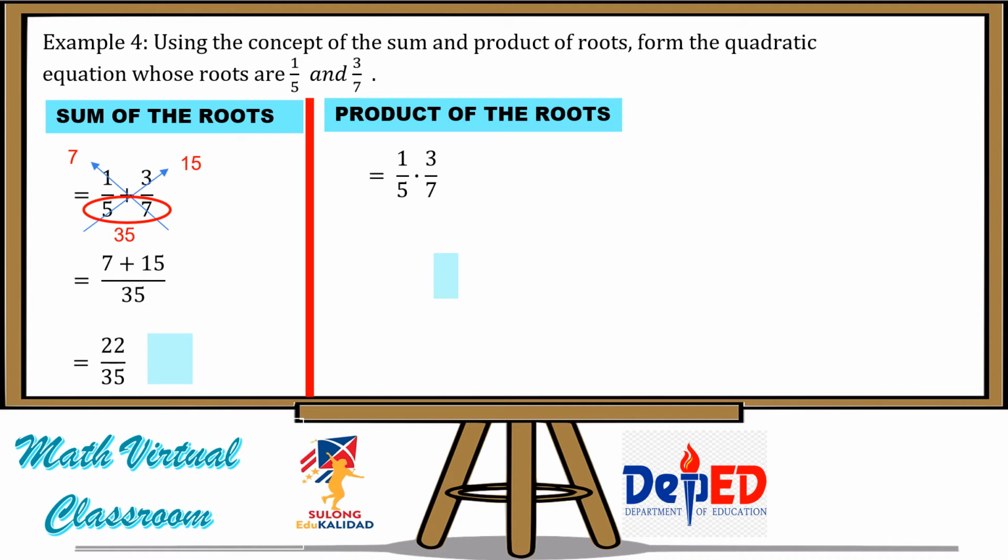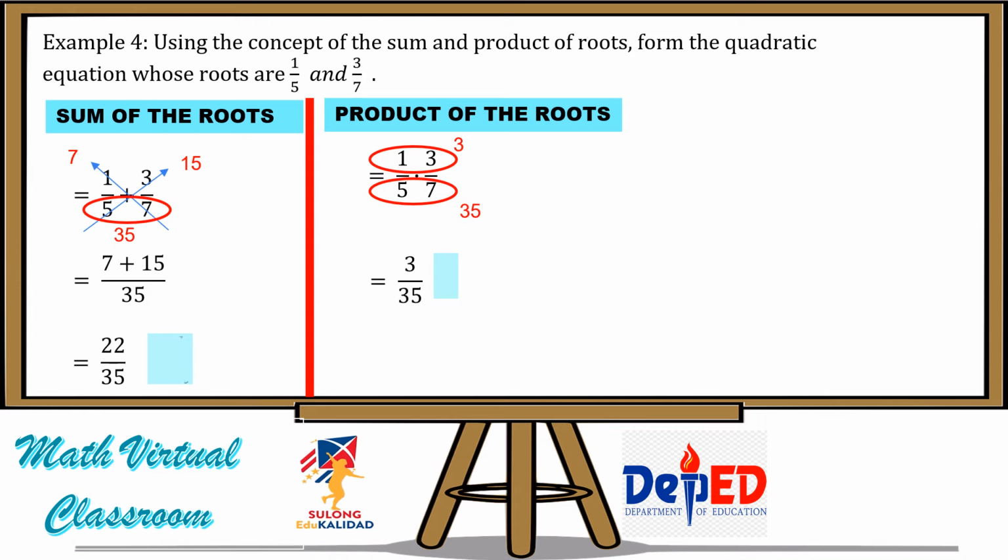So we simply multiply numerators and denominators. So that would give you 1 times 3. That is 3. 5 times 7 is equal to 35. Therefore, the product of the roots is equal to 3 over 35.